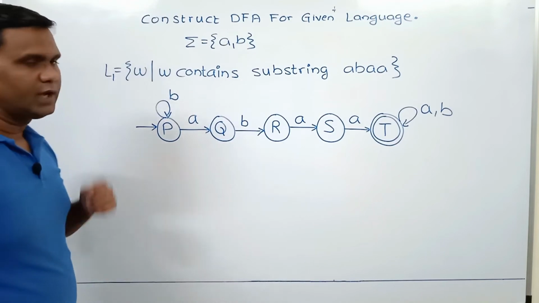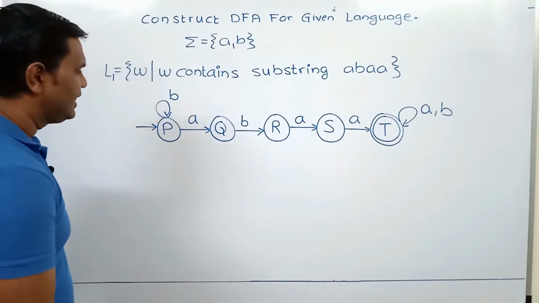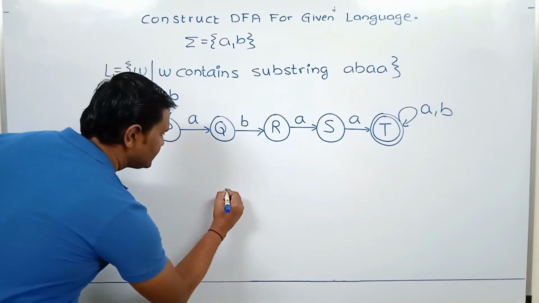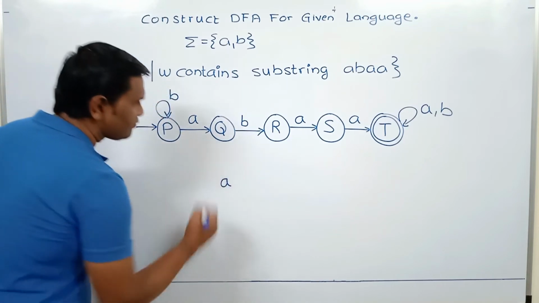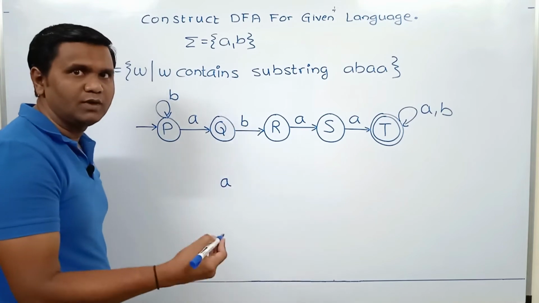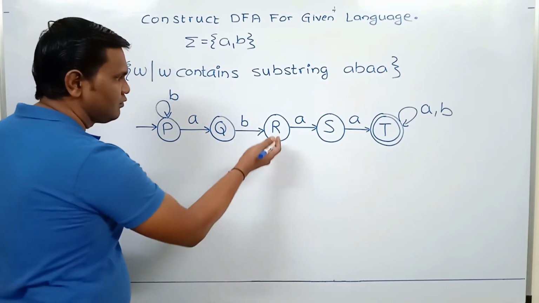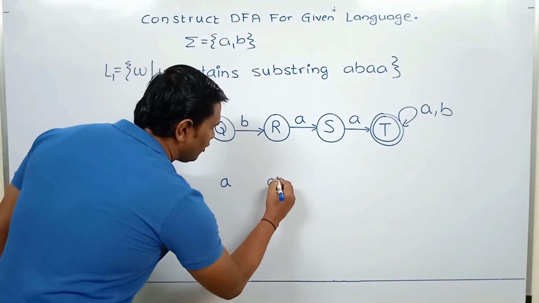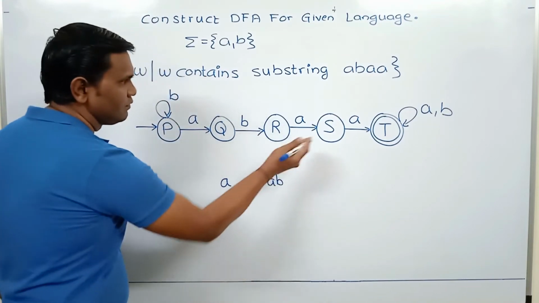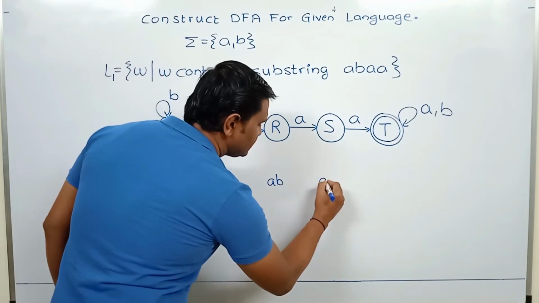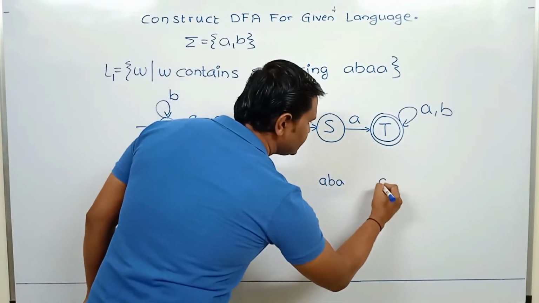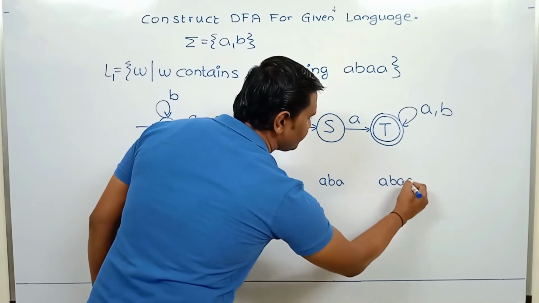We are going to calculate transitions such that state Q remembers the last seen symbol is A. The significance of state R is that the last two symbols are AB. For S, the last three seen symbols are ABA, and for T it is ABAA.